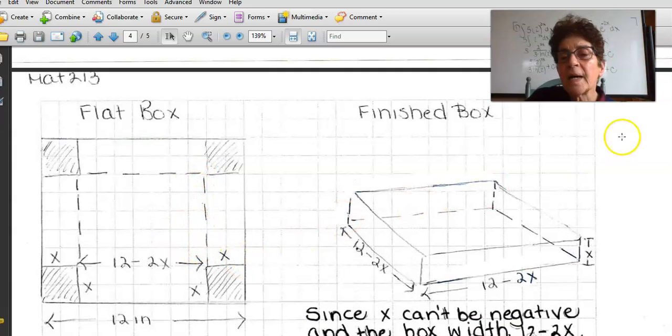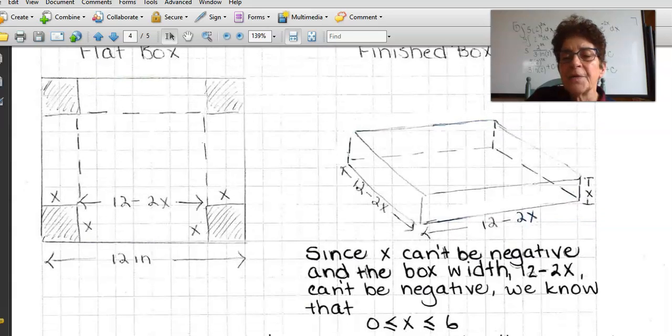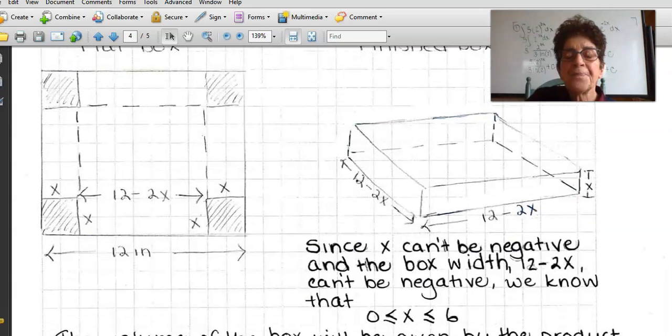When you fold up the edges of the box, it's going to look like this. Its length will be 12 minus 2x, its width will be 12 minus 2x, and this is the little x-inch corner flap that you're going to fold up. So I have a length, a width, and a height. Now you've got to try to figure out what are reasonable values for x. The smallest value x can be is 0.